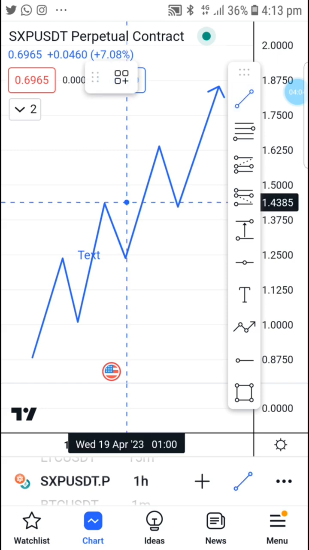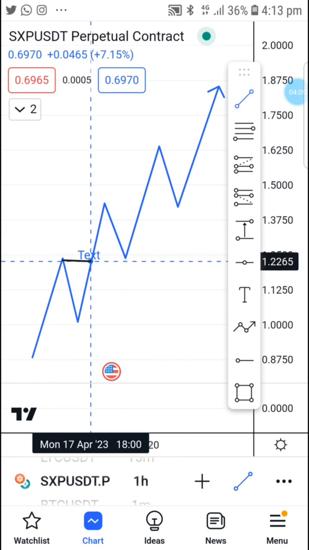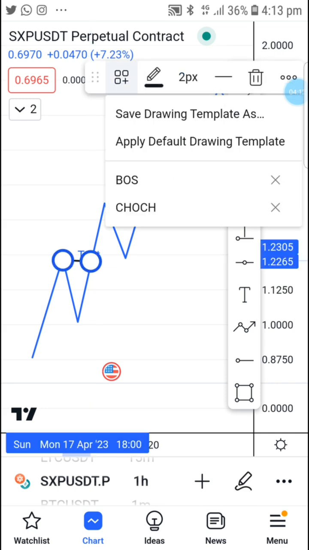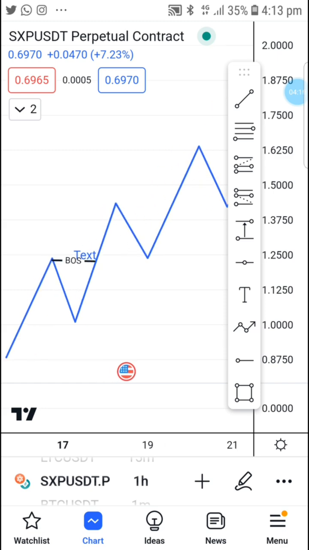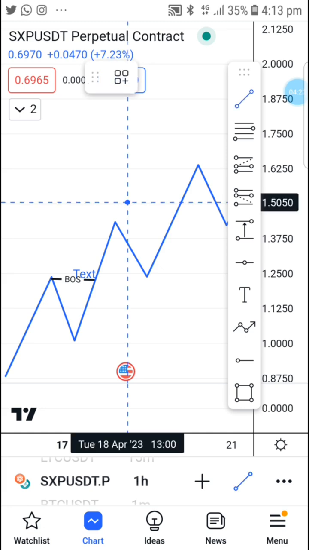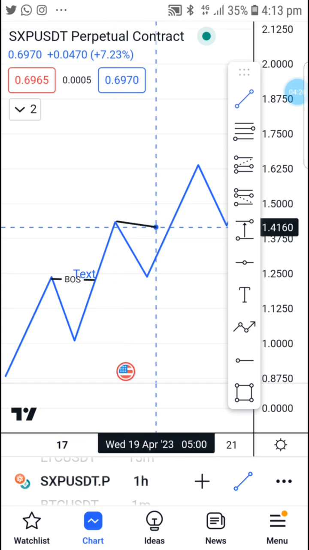That's my trend line. Let me identify it from here to here. From here to here will be my BOS, break of structure. BOS is also a short pronunciation for break of structure. So I will be tagging every space there as my break of structure.